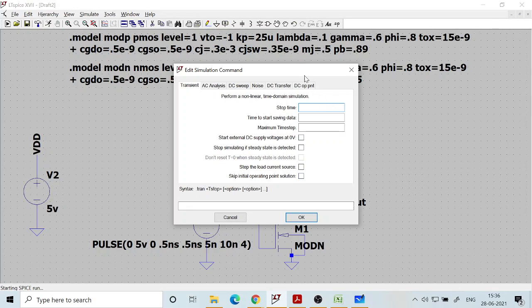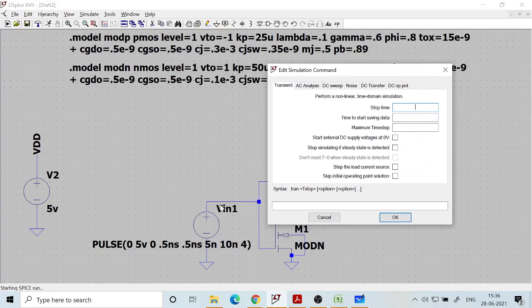So the stop time where we want, so the pulse is actually having a period of 10 nanosecond. So if you want say 4 cycles, then we have to run it for 40 nanosecond, and let's say this has 0.1 nanosecond. That is a step. That will basically, if you keep a small step size, the graphs will look better.